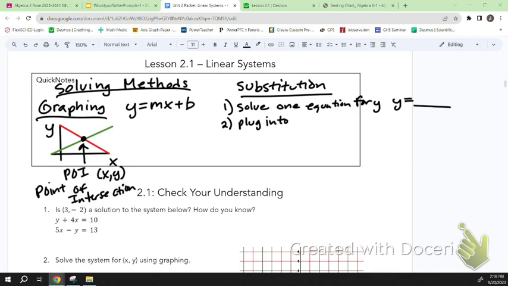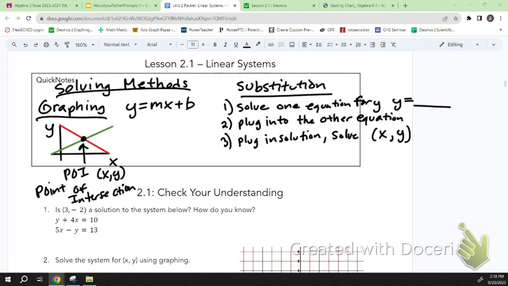Then you'll plug it into the other equation. Once you know one of the variables, you'll plug in your solution and solve. So in the end, you should have an x and a y. You should have 2 answers here.